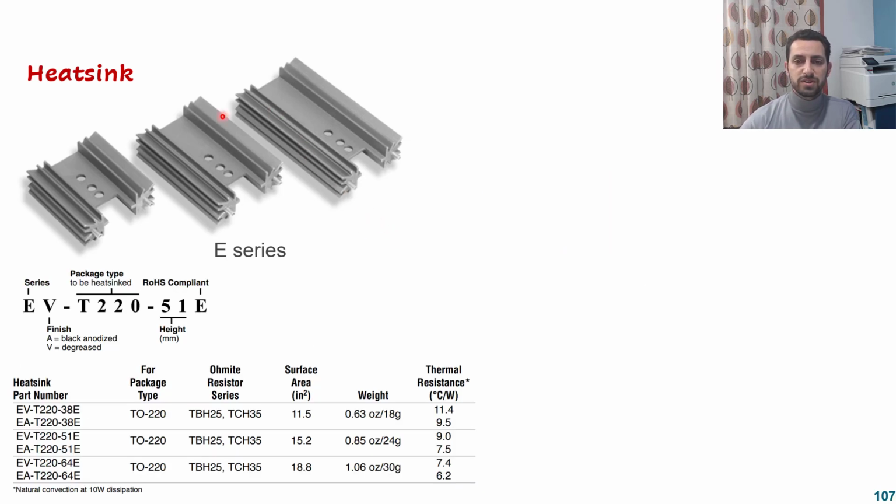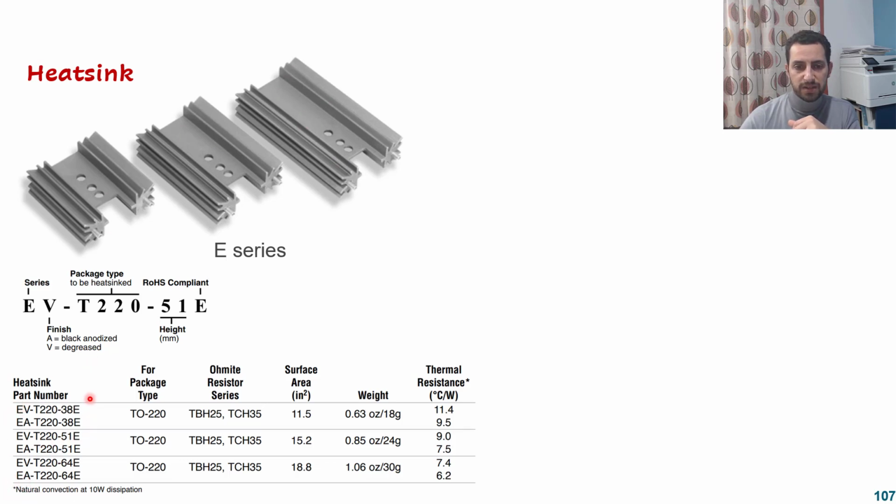So we will consider one example, which is the E series, and if you look at the datasheet for one of them, it will tell you what thermal resistance to consider in your calculation. The thermal resistance here for the first one has different types and different sizes as well, and they bring them here for us.